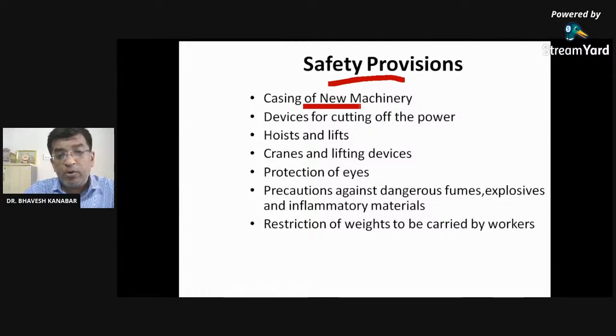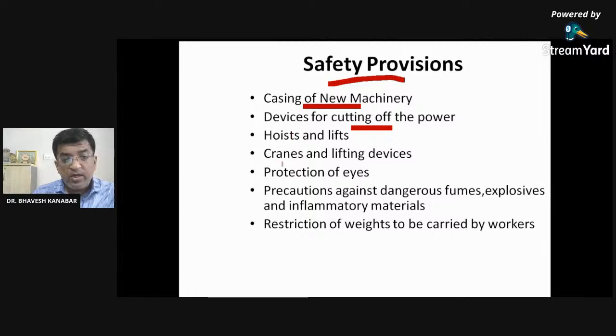And the employees urged for bringing new machineries. So new machineries should always be installed. Device for cutting of the power. You know that we are using a stabilizer, right? So in case of excess power, that stabilizer maintains the electricity which is required.